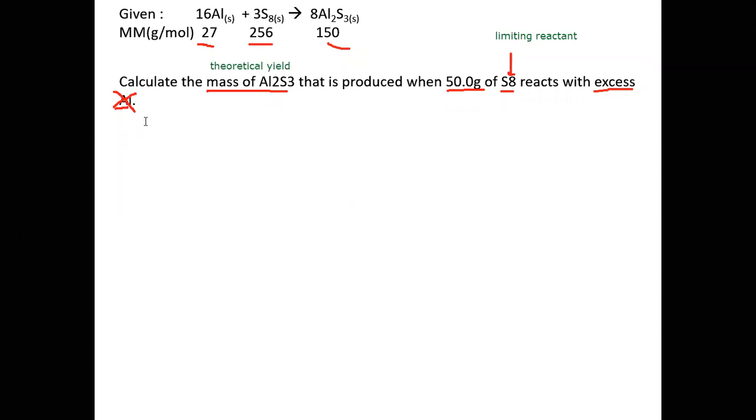And so what we're going to do is I'll write a little flow chart. We're going to take the mass of sulfur and convert it to moles of sulfur. Excuse me, not aluminum sulfide, my bad, sulfur.